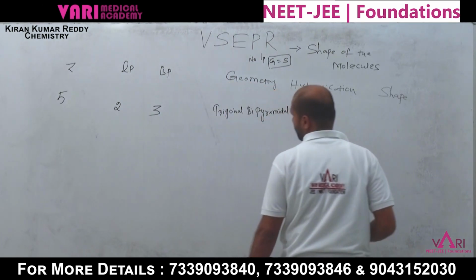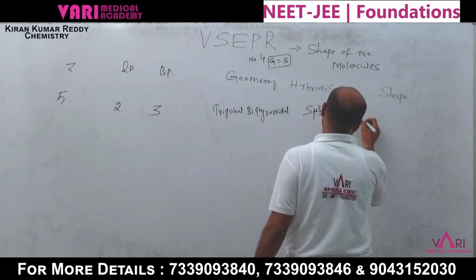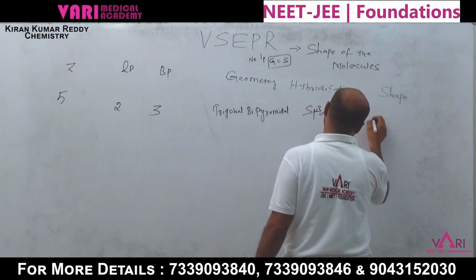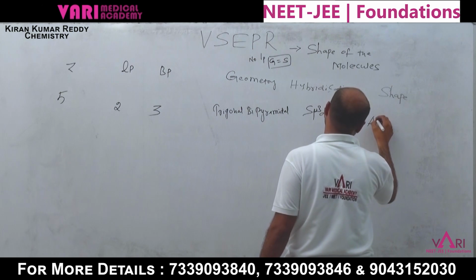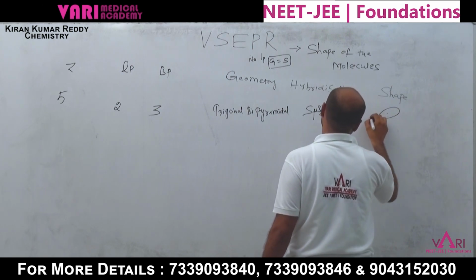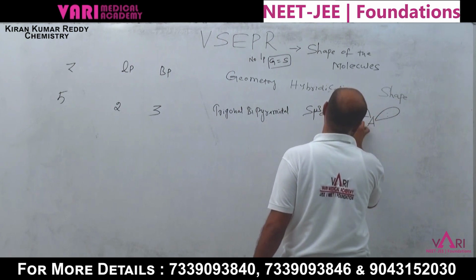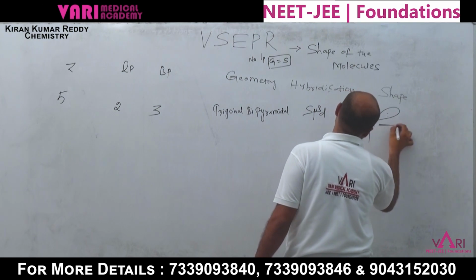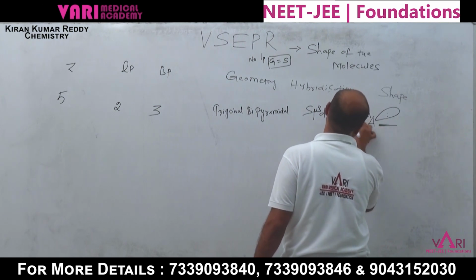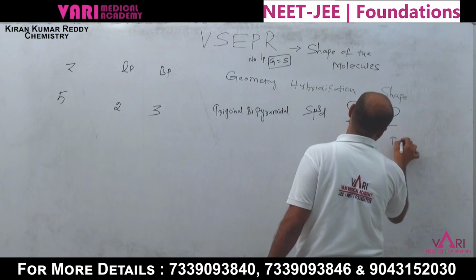For the shape of the molecule we can take ClF3, for example. How many lone pairs? 2 lone pairs are present. How many bond pairs? 3 bond pairs are present. What does it look like? T shape.